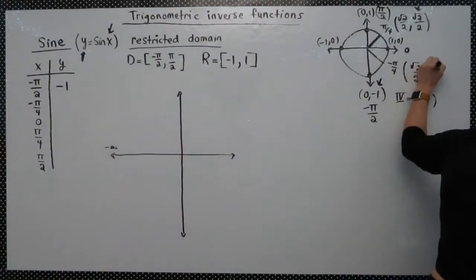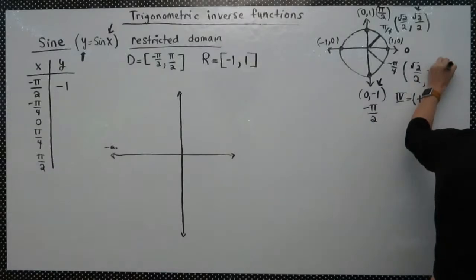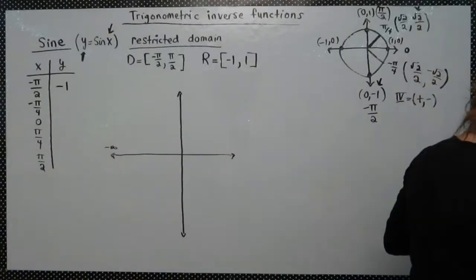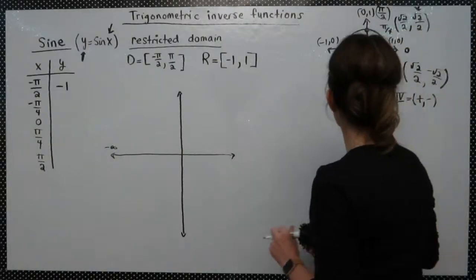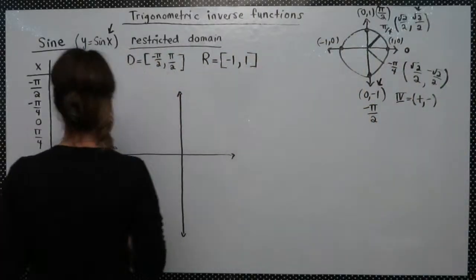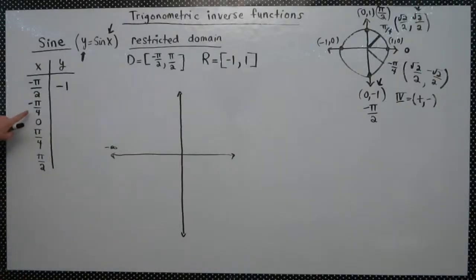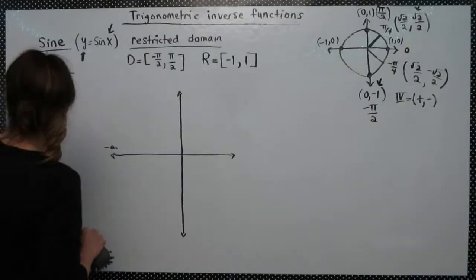So that'll be negative radical 2 over 2. Okay, good. So my sine value here at negative pi over 4 is going to be negative radical 2 over 2.